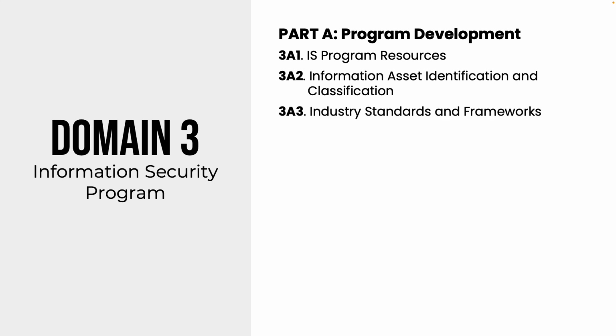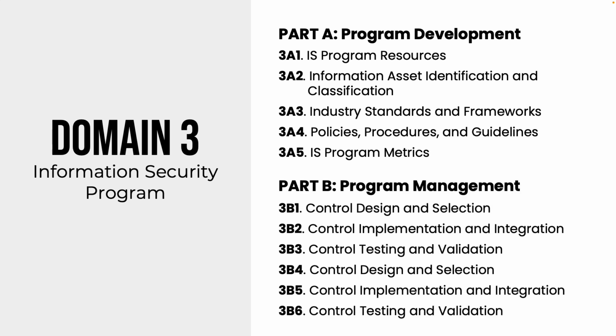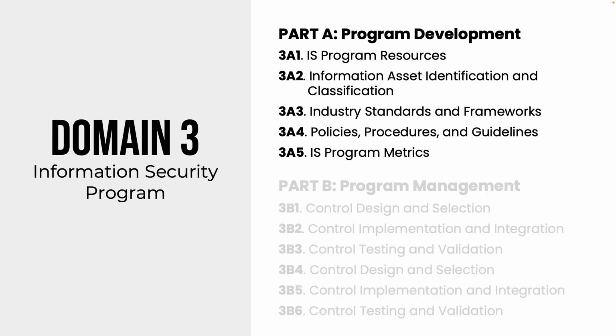We'll talk about industry standards and frameworks, policies, procedures, and guidelines, and we'll wrap with a look at information security program metrics. When we move into Part B in our next installment, we're talking about a logical progression from development to management, and Part B will focus on control design, selection, implementation, and essentially the more hands-on aspects of this topic. But today, program development.